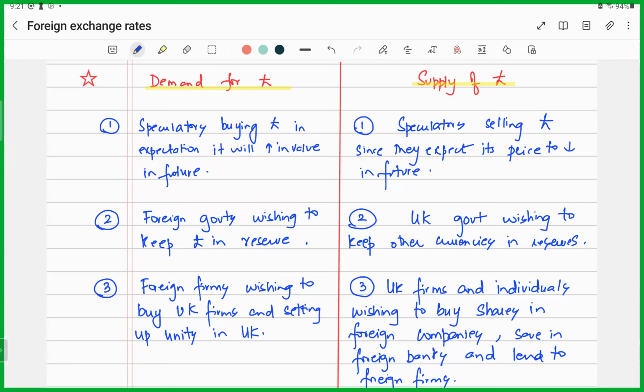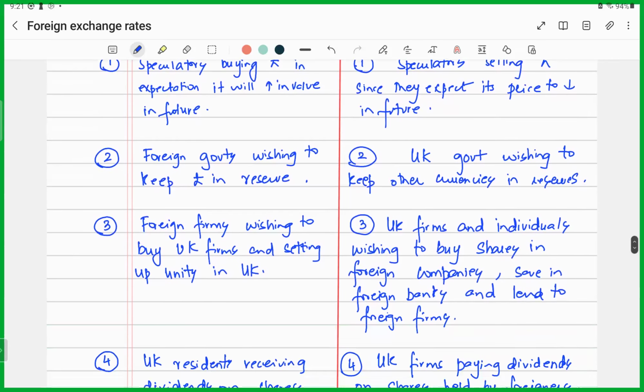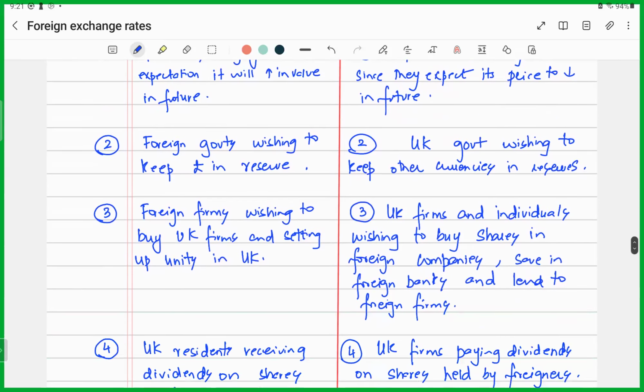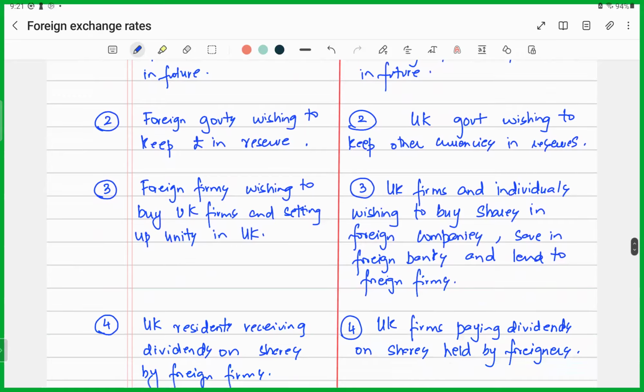So the demand for pounds would be made by speculators. Why? When they are buying pounds in expectation that it will increase in value in future. So if speculators believe that in the near future, pound is going to rise in value, they are going to be demanding it. Or foreign governments who wish to keep pounds in their reserve would be demanding pounds.